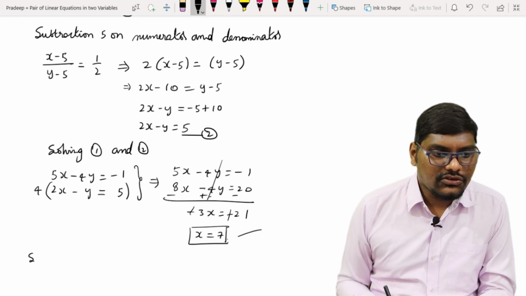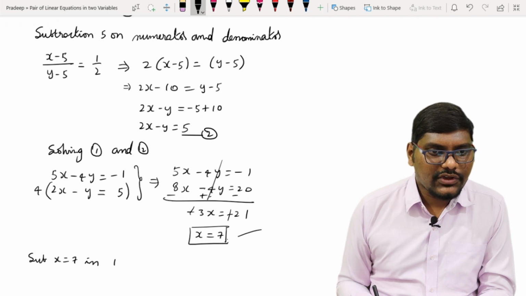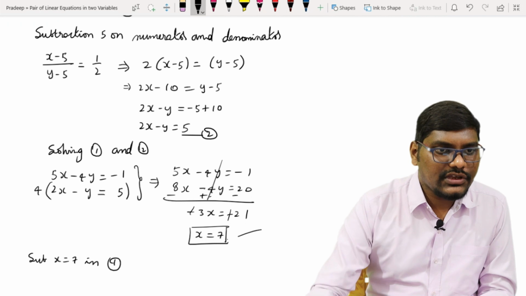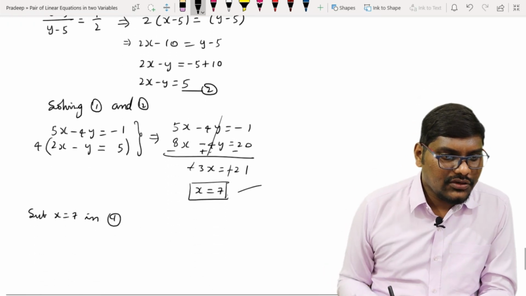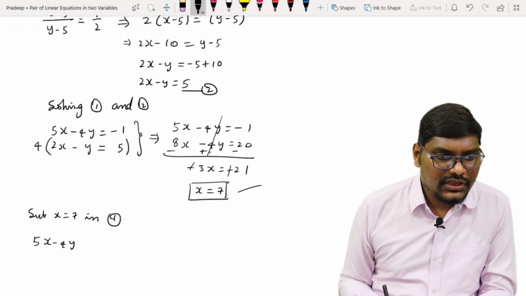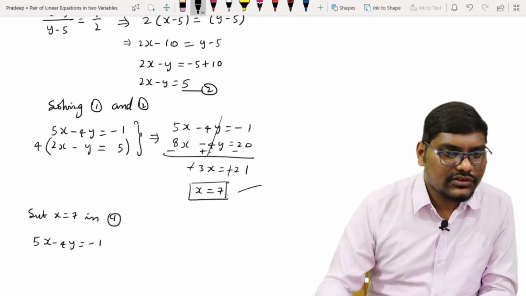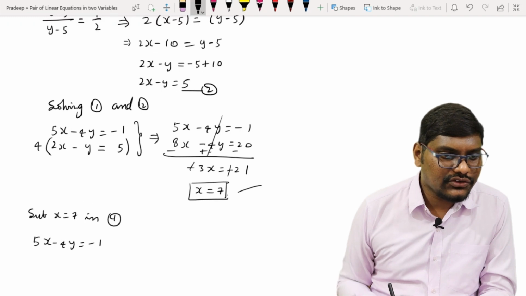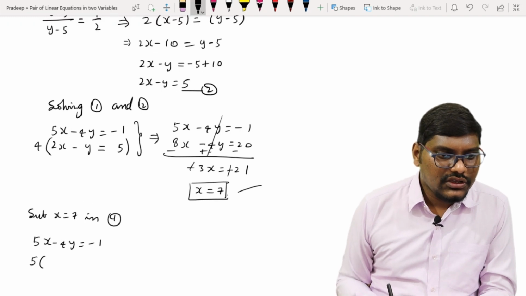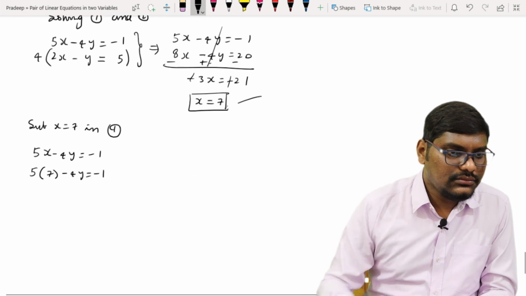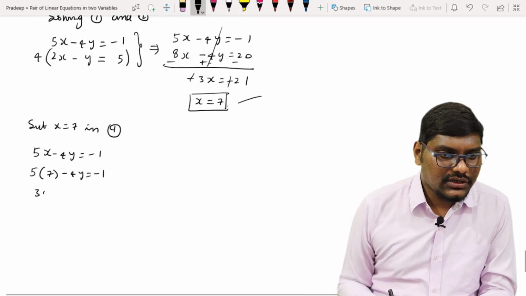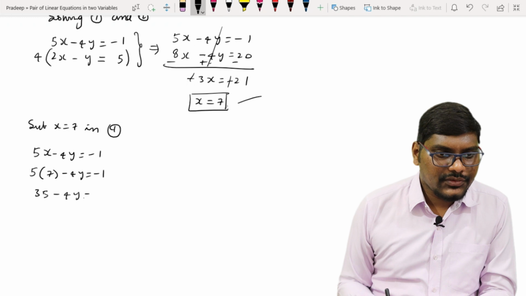Okay, so we got x as 7. Now we'll substitute it in any one of the equations to get the y value. Substituting x equal to 7 in the first equation, 5x minus 4y equal to minus 1, we get 5 into 7 minus 4y equal to minus 1. 7 fives are 35, so 35 minus 4y equal to minus 1.